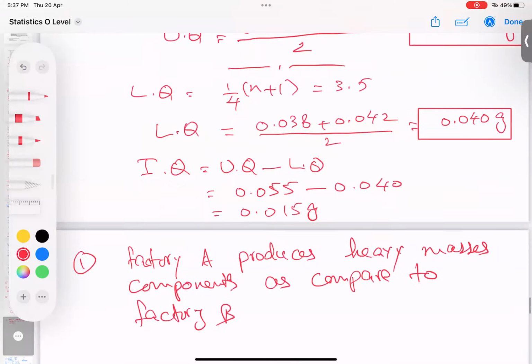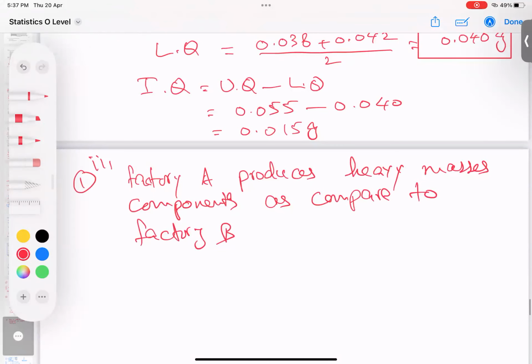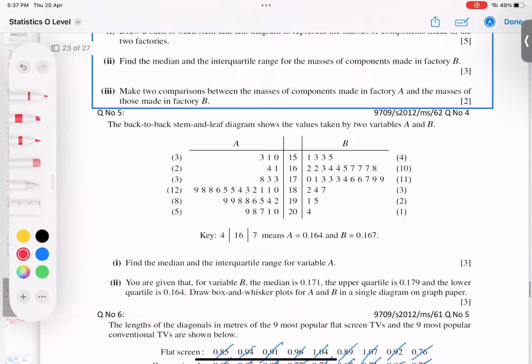Difference number one. This is part third actually I'm doing. And difference number two, the second comparison.